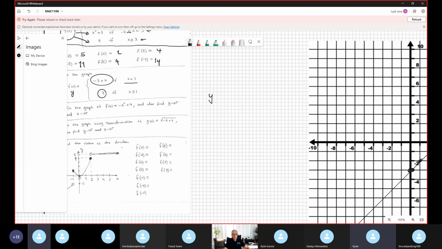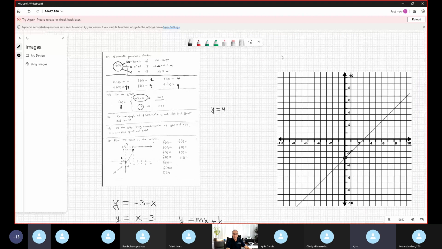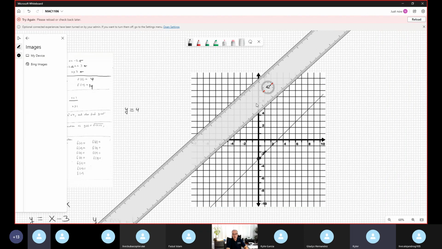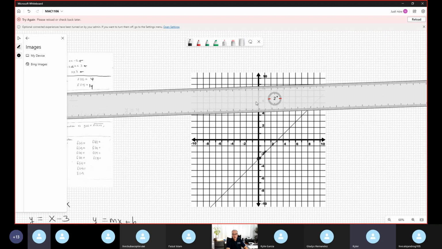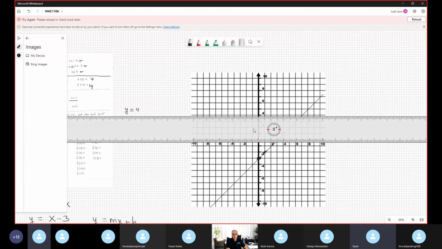No? y equals 4 represents a horizontal line, passing through the point 4, positive 4, and slope 0. You take my ruler, I put 0 degrees. 0 degrees here, but 4. And 4. Everyone follow me so far?